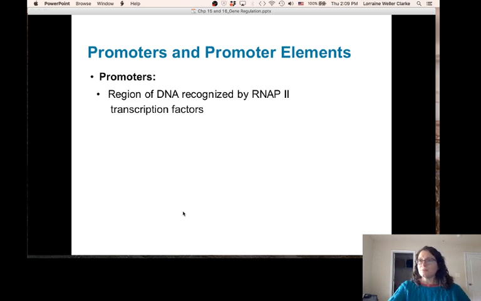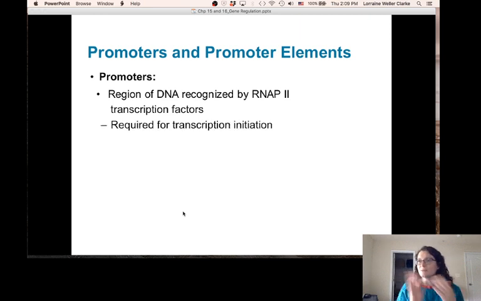All right. So we talked about promoters a little bit on Tuesday because we were discussing the case study. But these promoter elements, again, this is a region of DNA that's recognized by these RNA polymerase II transcription factors.